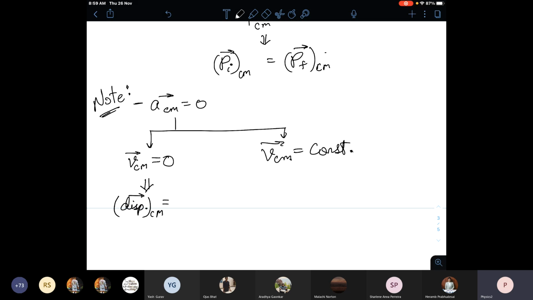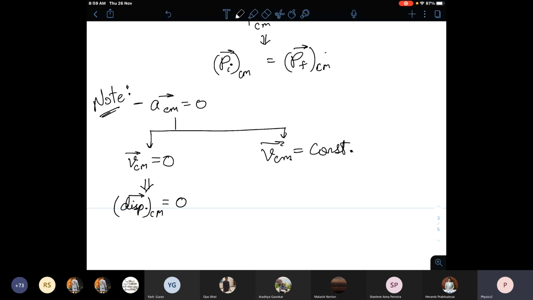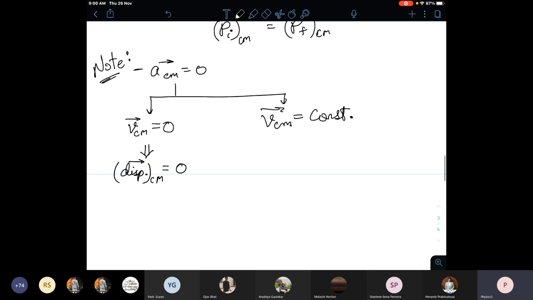If your velocity is 0, your displacement will also be 0. Velocity 0 means the particle is not moving anywhere, so obviously the displacement will be 0. It will remain at that point only. So if displacement is 0, I can conclude that the initial position of center of mass will be equal to the final position of center of mass. So center of mass is not moving anywhere, hence center of mass is at rest. This is a very unique situation.